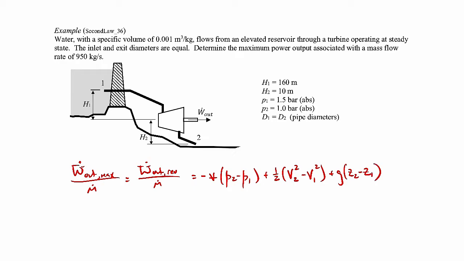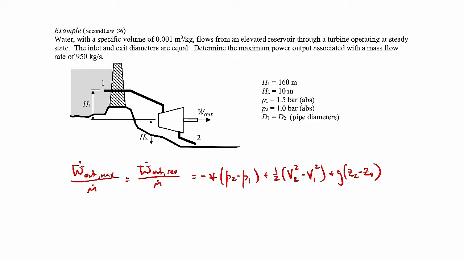Okay, so just a reminder, the assumptions that go into this form of Bernoulli's equation are that we're assuming steady state conditions, an internally reversible flow, one inlet and one outlet, and in addition, for this particular form, we're also assuming that the fluid is incompressible.